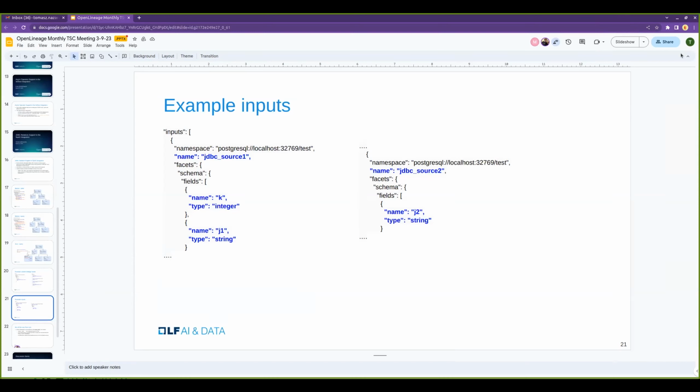I think what you're asking is, if you have a view that consists of some tables underneath, will you see the structure of the view or the tables underneath? That's way ahead. Right now, if you have a view that has 10 columns and you select 4 of those columns, then from the OpenLineage perspective, you will only know about 4 of those 10 columns because they were defined inside the query.